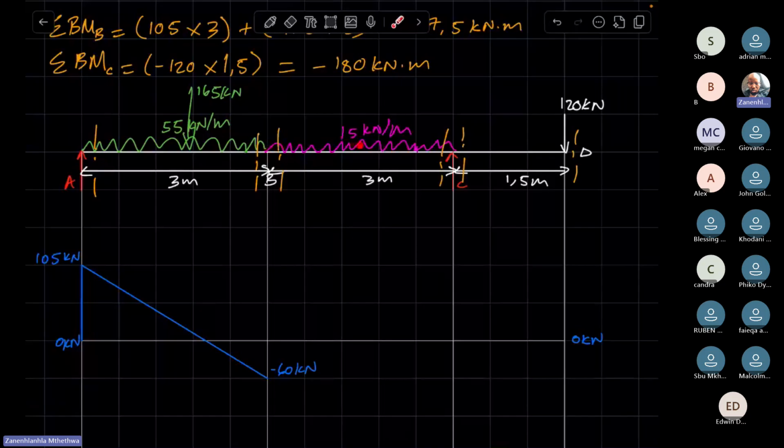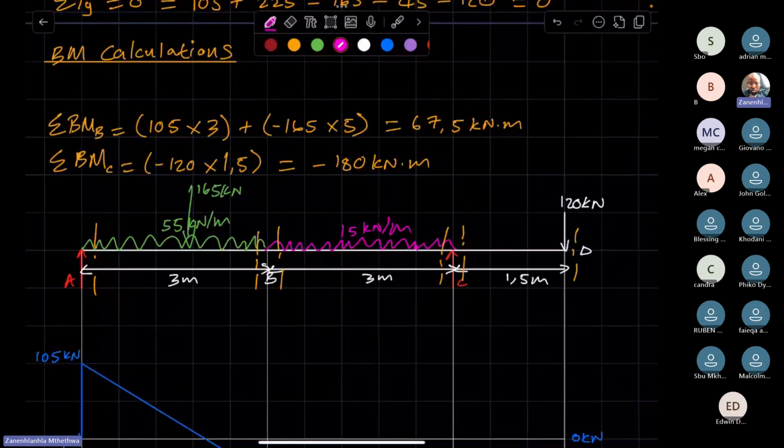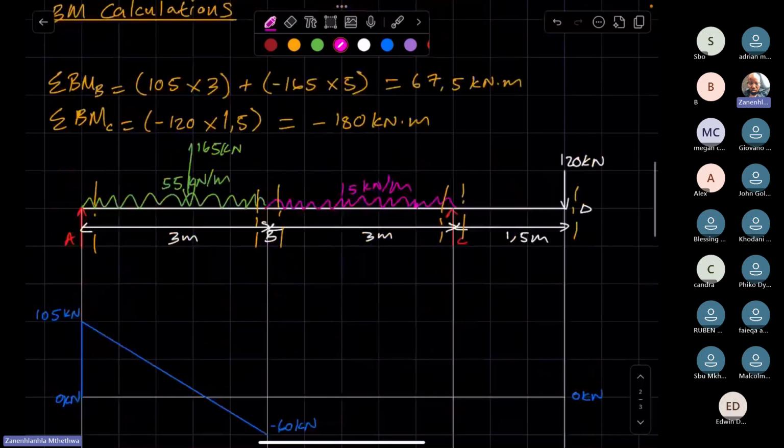And again, we consider the entire span of the beam, because the critical point you are looking at is such that we need to consider the entire span of the beam. Now, if we do that, we already know that the 15 kilonewton per meter times 3 is going to give us the 45.